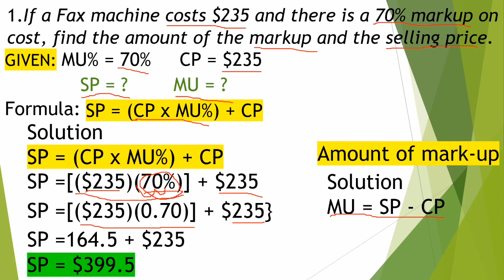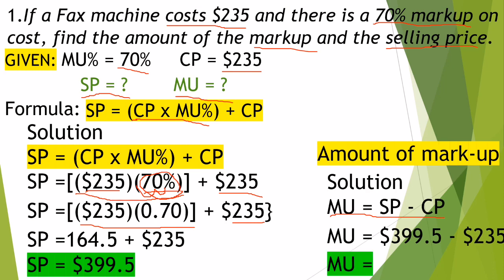So now we're going to substitute SP, which is $399.5 minus our cost price, which is $235. So our markup is equal to $164.5. So, ganyan lang kasimple mag-compute ng or kumuha ng SP and MU.